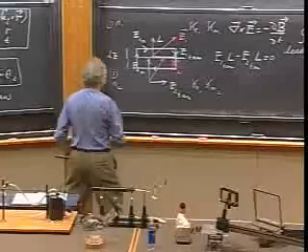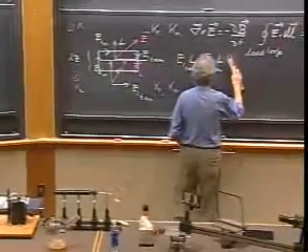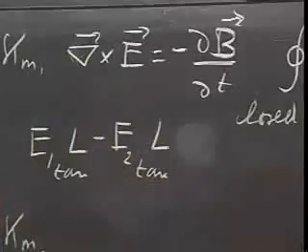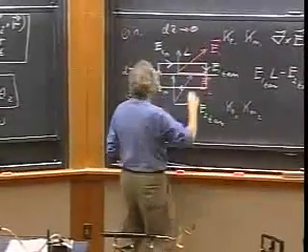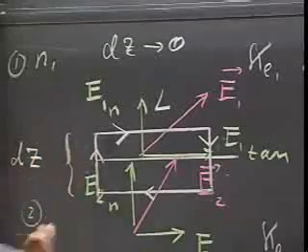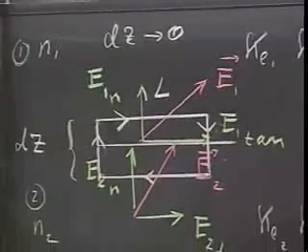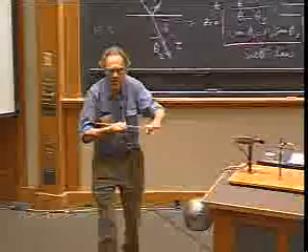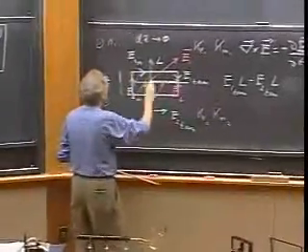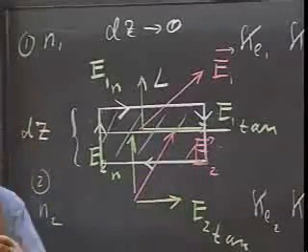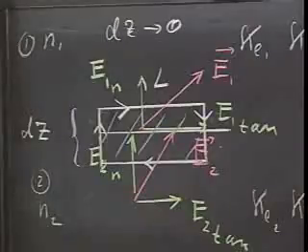So now this is minus d phi dt. But now I'm going to make dz 0. That is always the trick we do when we go to the boundary. We must make this 0 because we want to know exactly what changes at the boundary. So we make dz 0, but once you make dz 0, the surface here, that is the surface through which I want to measure my changing magnetic field, goes to 0.